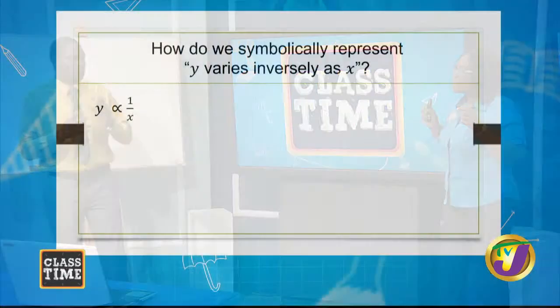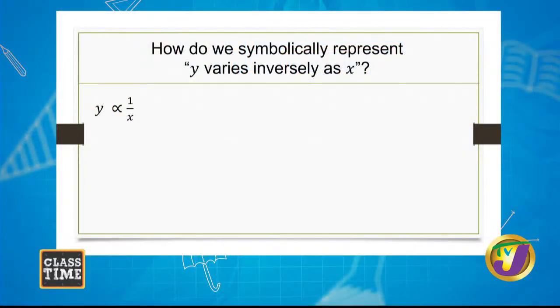Y is directly proportional to the reciprocal of X, or we can say that Y is a constant multiplied by the reciprocal of X. That's a very big word, so let me break it down. The reciprocal of X simply means we are dividing 1 by X. So it's 1 divided by X. No big deal. That's what we mean when we say reciprocal.